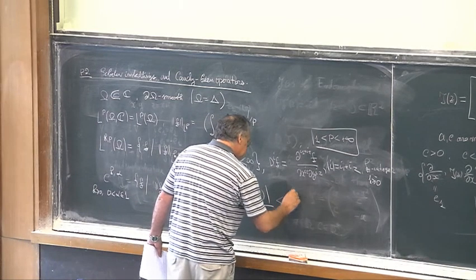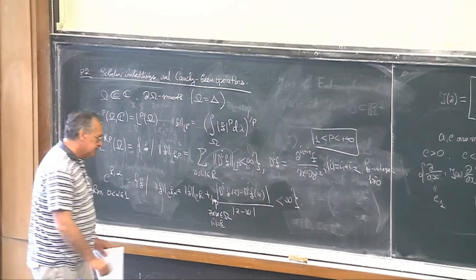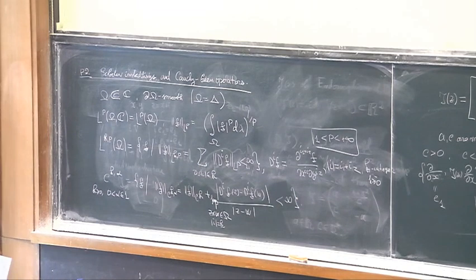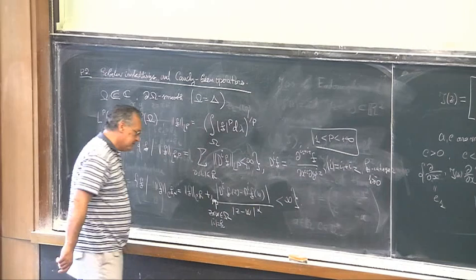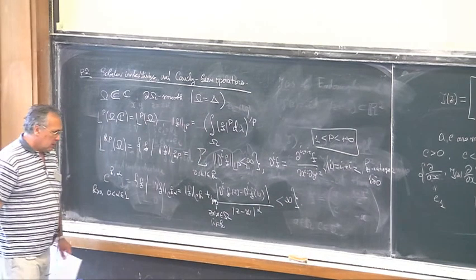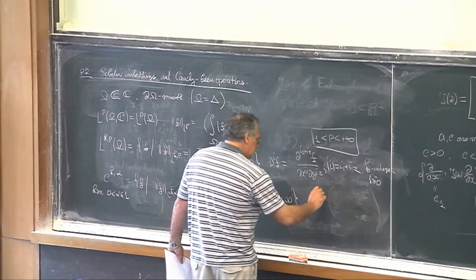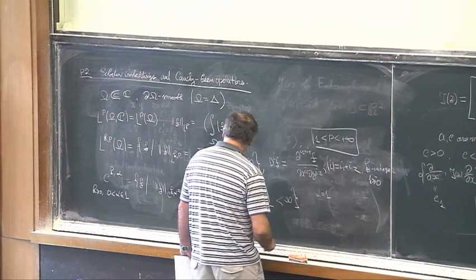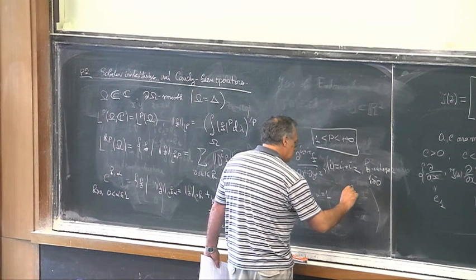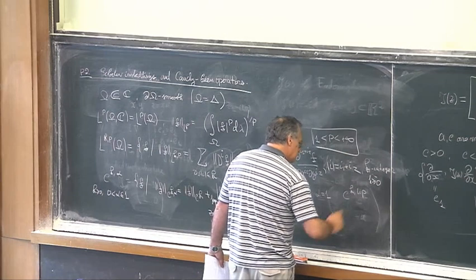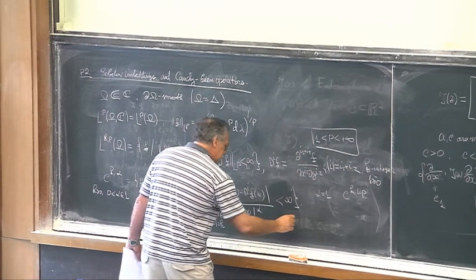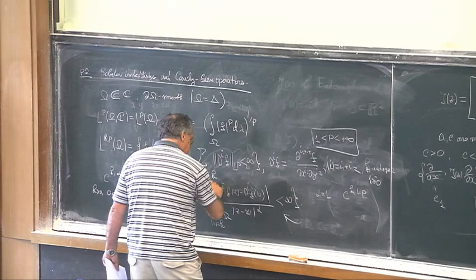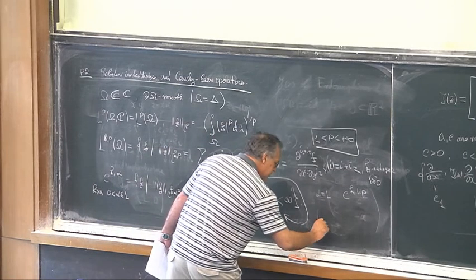I missed alpha, yes? Thank you. When alpha is equal to 1, one calls this space k-Lipschitz, and this part is called the Lipschitz constant of f.